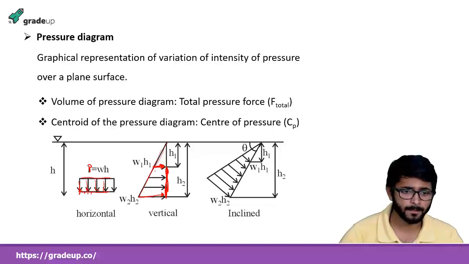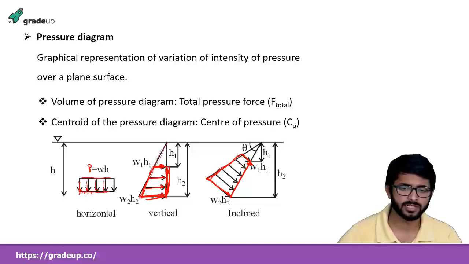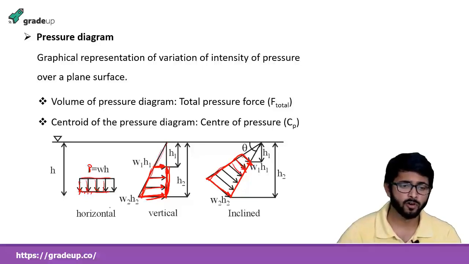So this is the pressure diagram. And similarly for the inclined plate, this is the inclined plate. Here also omega 1 H1 is acting here and omega 2 H2 is acting in this direction. So this is the pressure diagram.